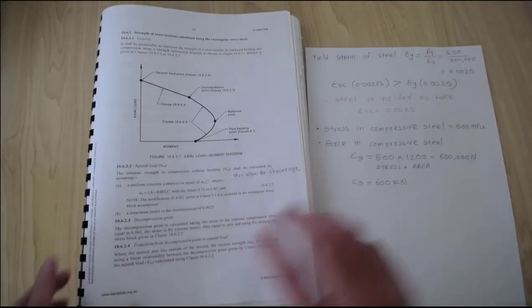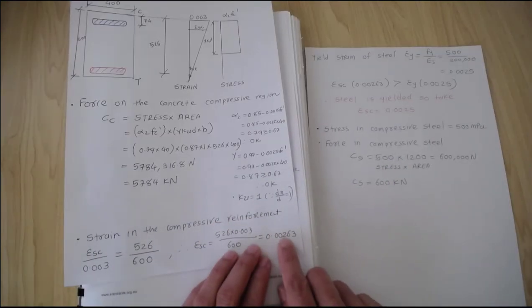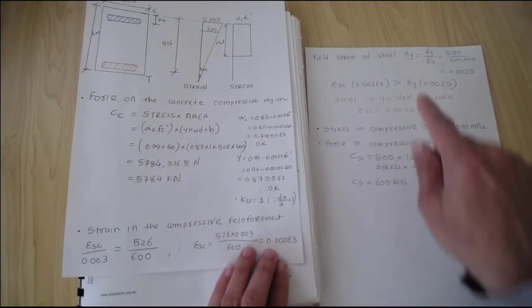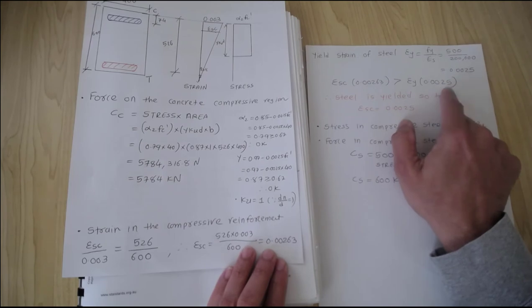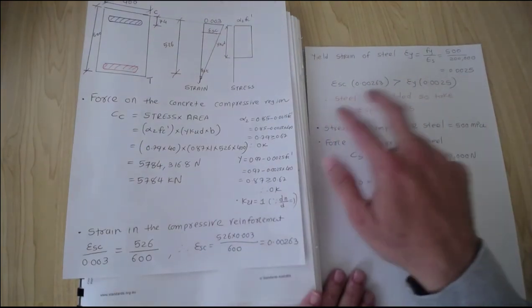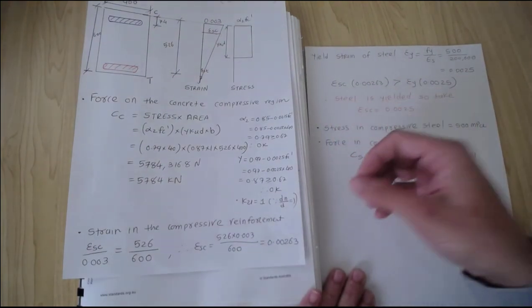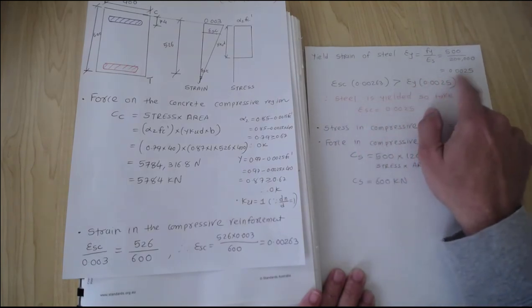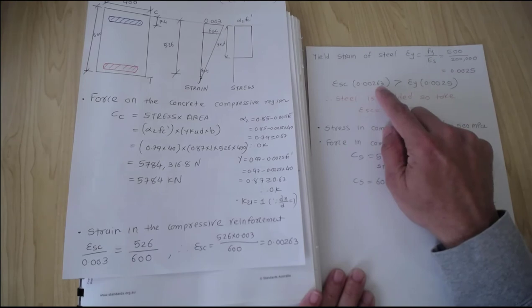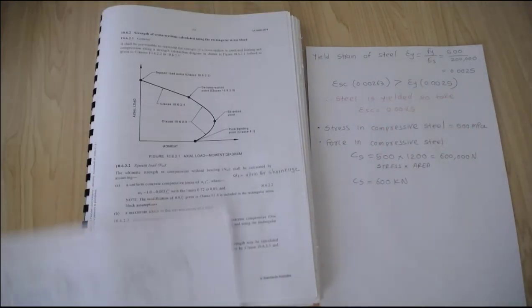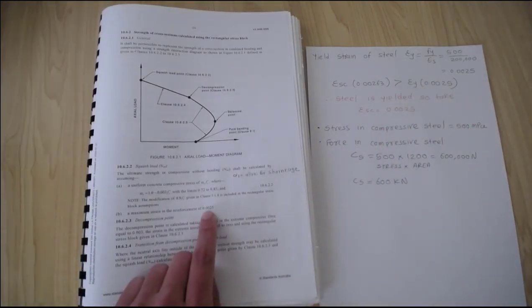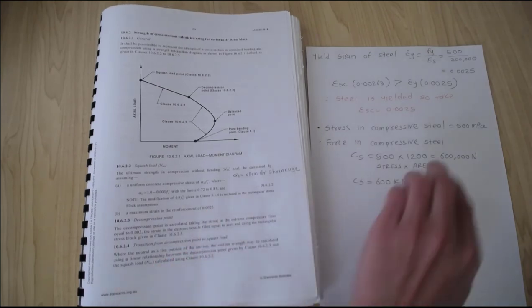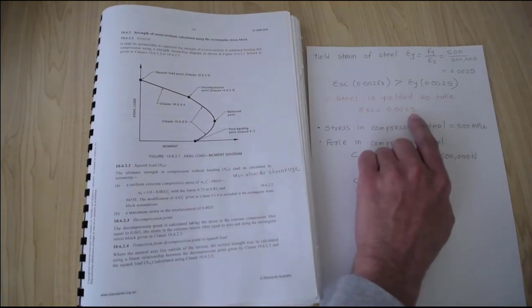So we can compare what we have calculated. The strain value is 0.00263, which is greater than 0.0025, so in this case the steel has yielded, meaning the steel reached the yield point. The standard says you should take the maximum as 0.0025, so we can't go more than that.